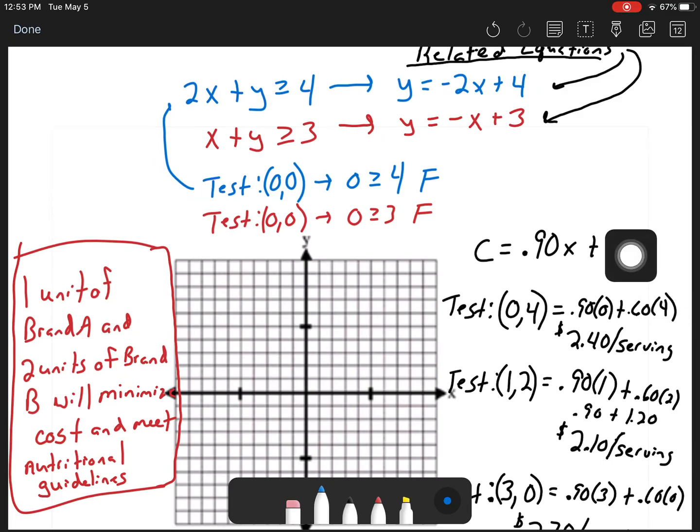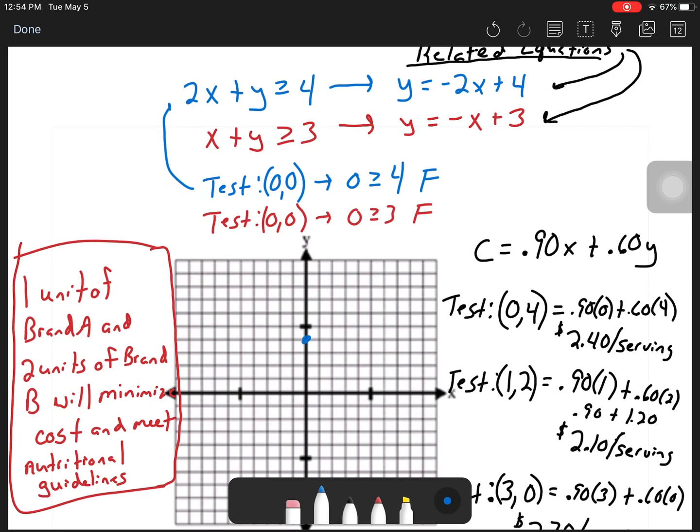Okay, so in blue, I'm going to graph this top equation. The other thing is, because x represents the number of units of brand A and y the number of units of brand B, there's no negatives involved here, so I'm only going to graph in the first quadrant because we can't have any negatives. So I've got a y-intercept of 4 in that blue graph.